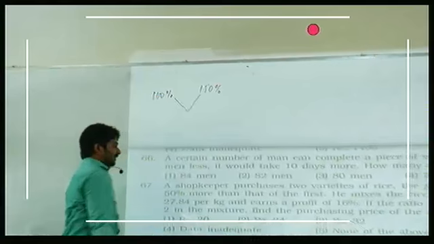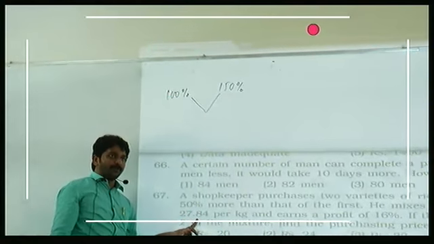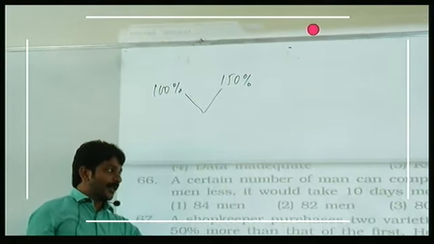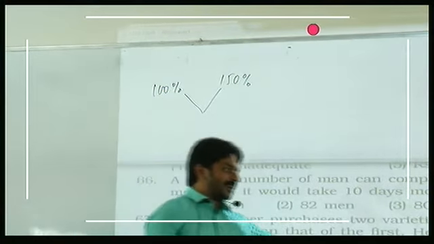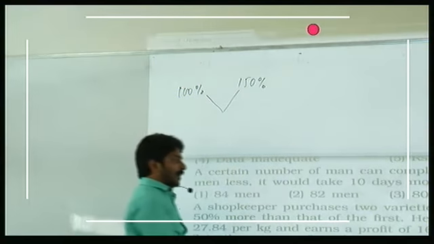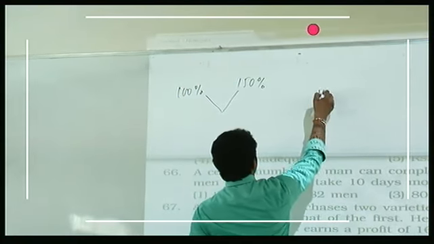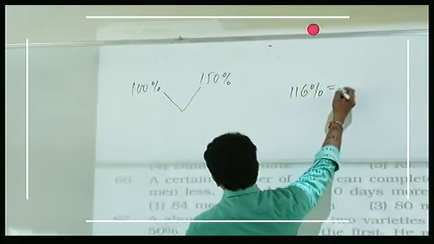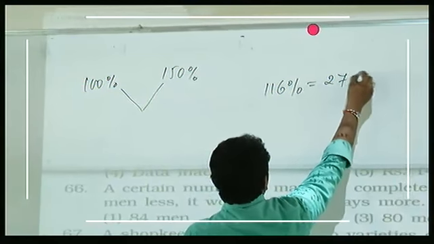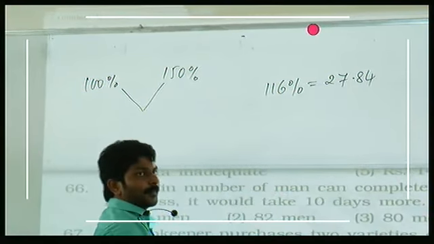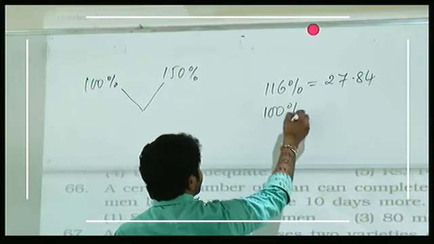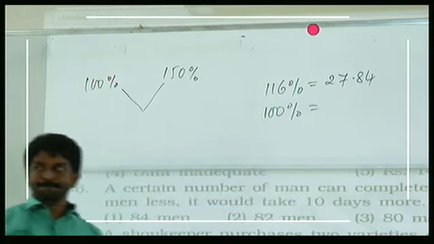When you mix it, they are selling it for 27.84 rupees per kg, and thereby he earns 16% profit. But here you need to take only cost price. After getting 16% profit, selling price becomes 116%, which is equal to 27.84. And as you need to use cost price, you have to calculate 100%.